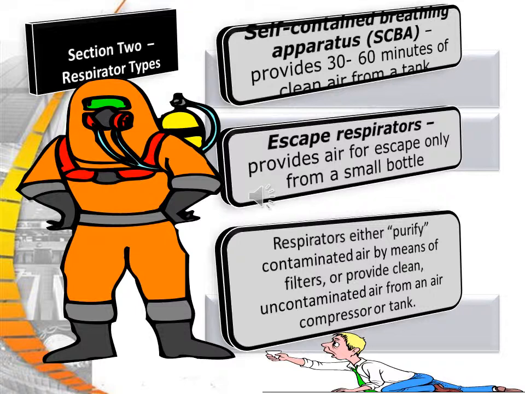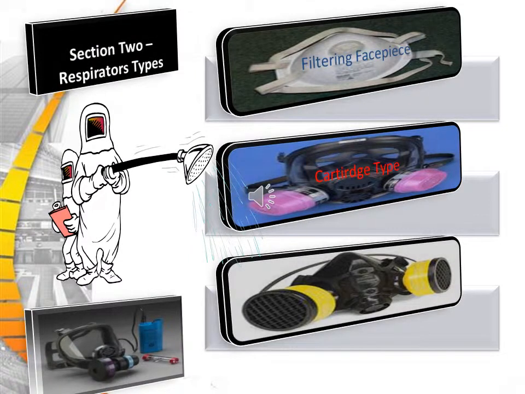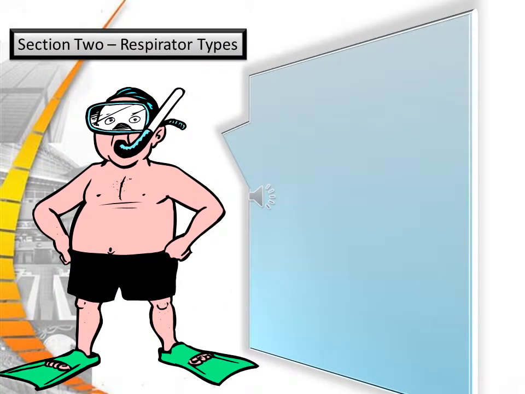Respirators either purify contaminated air by means of filters or provide clean, uncontaminated air from an air compressor or tank. Here we can see different types of respirators: the filtering facepiece, the cartridge type. As the name implies, dust masks can only be used for exposure to dust.